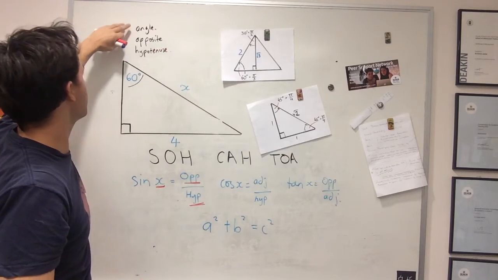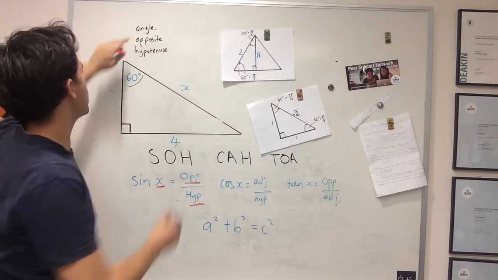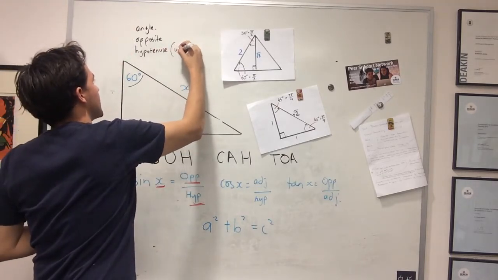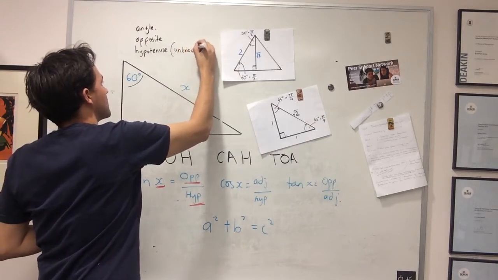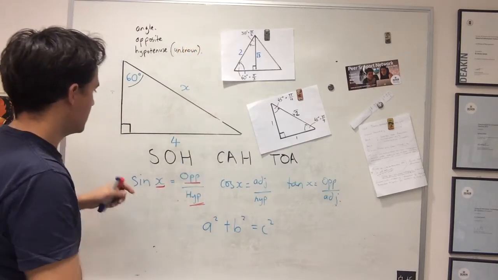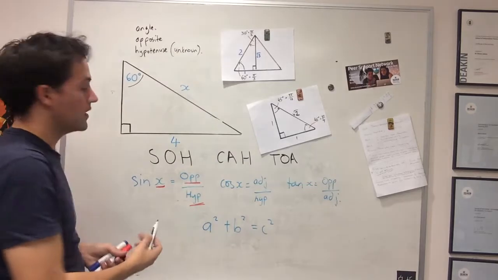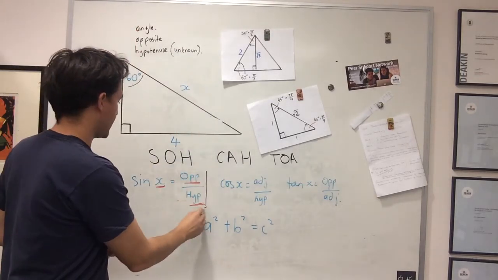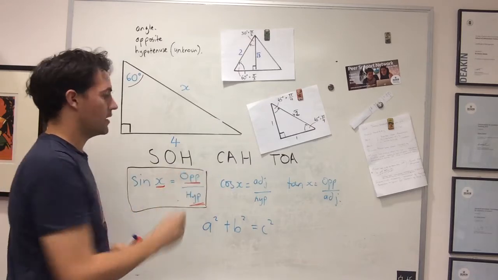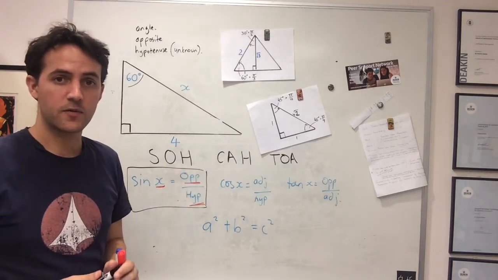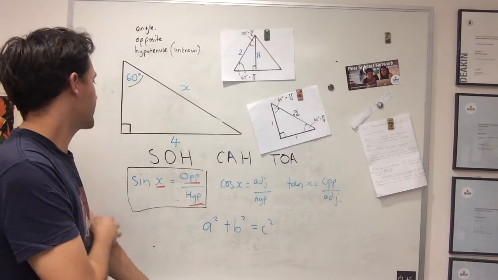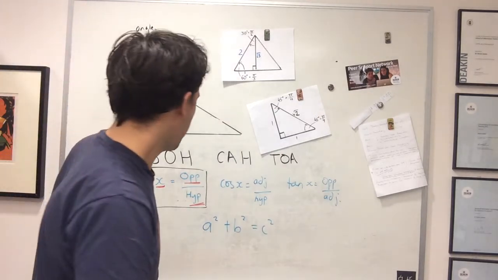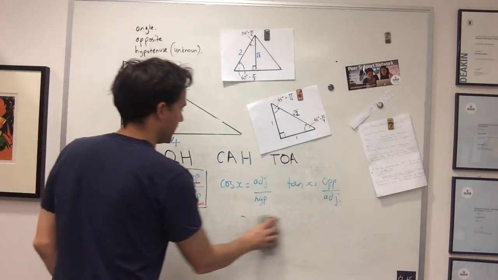So we have 3 bits of information: an angle, an opposite, and a hypotenuse that's unknown. So, going across here, we see that the trigonometric ratio that relates these 3 things is exactly the sine. And so that's the information we're going to use to solve this question.